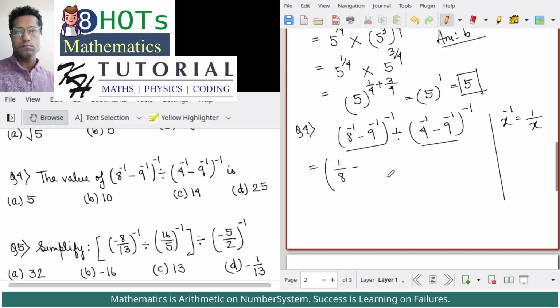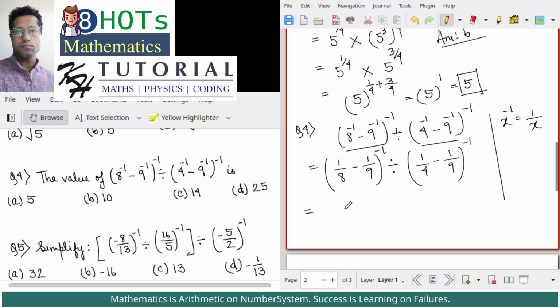So first we have to simplify the two factors, that is the two numbers involved in the division operator. Okay, so 1 by 8 minus 9 to the power minus 1 means reciprocal of 9, that is 1 by 9, and this divided by, similarly, 1 by 4 minus 1 by 9, to the power minus 1. Now we have to simplify 1 by 8 minus 1 by 9.